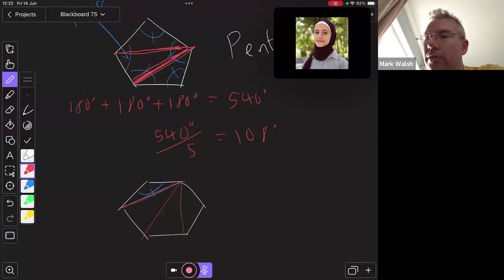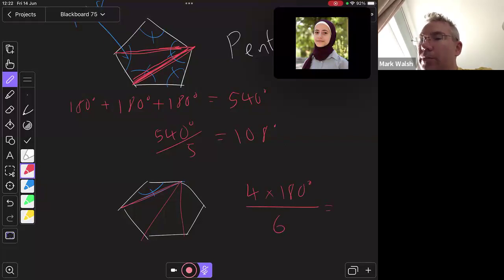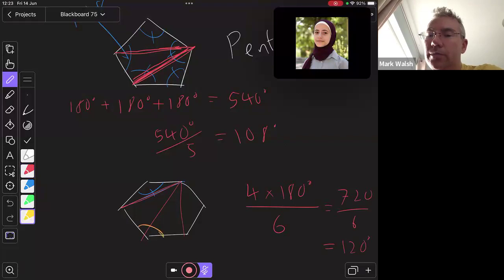So now you get 4 times 180 divided by 6, since we have 6 angles. 4 times 180, that's 720, right? And 720 divided by 6 is 120. So these are angles of 120 degrees. Okay, see how this works?